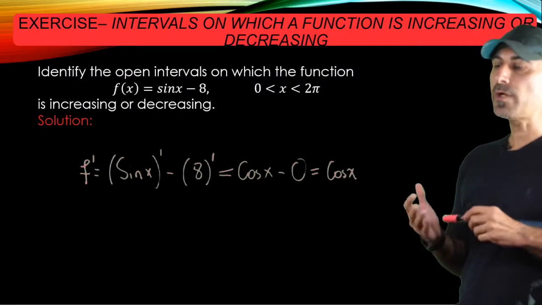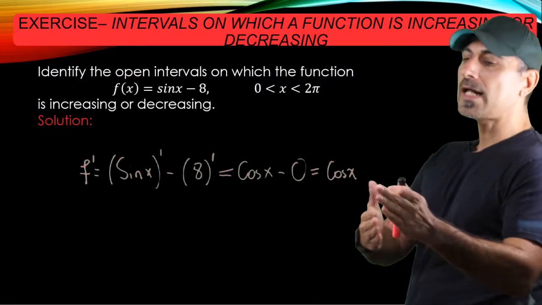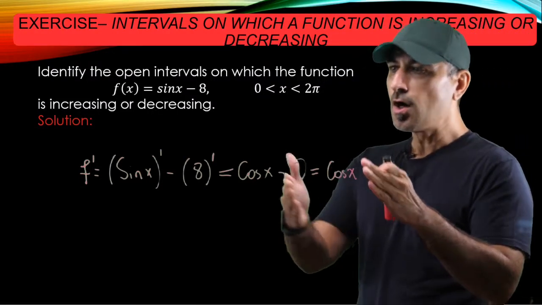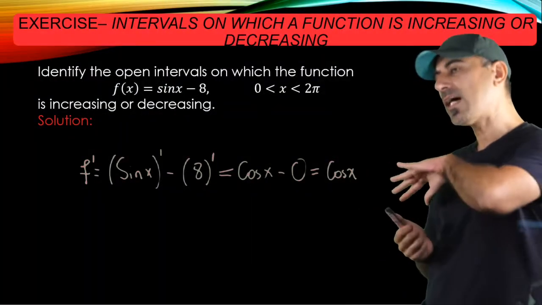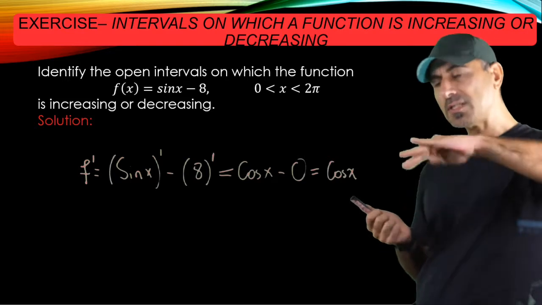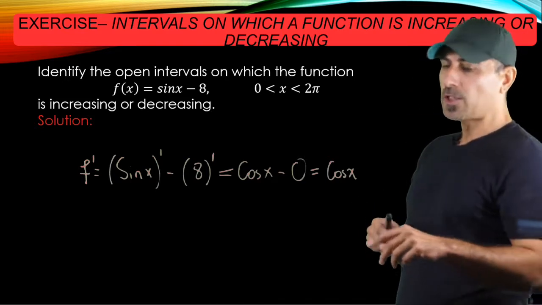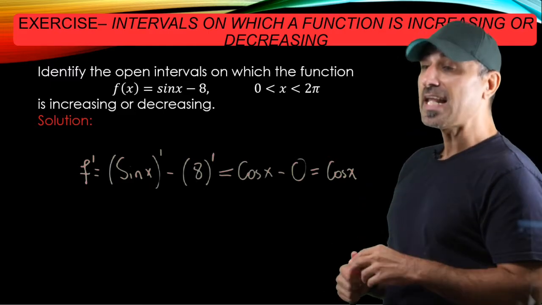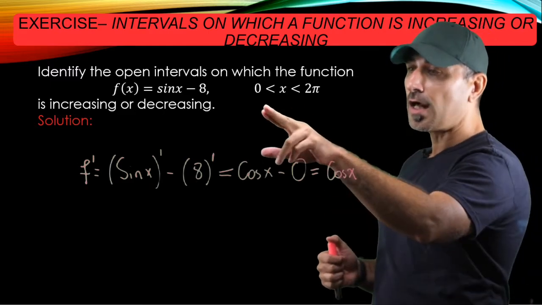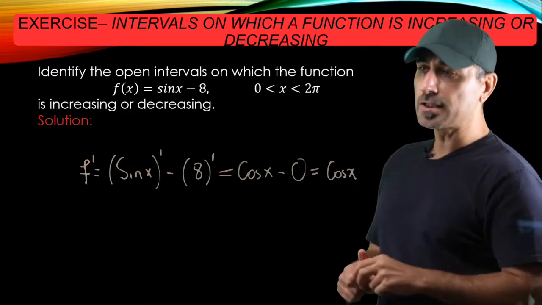So now the question turns out to be, what is the sign of cosine x over the interval 0 and 2 pi? And remember that the graph of cosine fluctuates in between -1 and 1, and cosine takes positive and negative values in the subintervals of 0 and 2 pi.